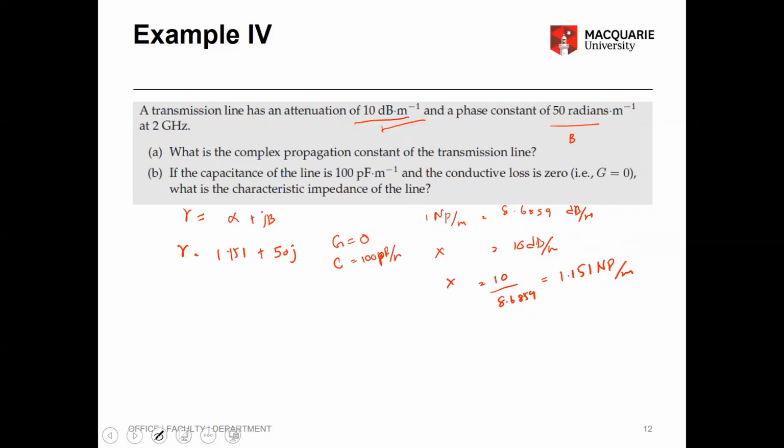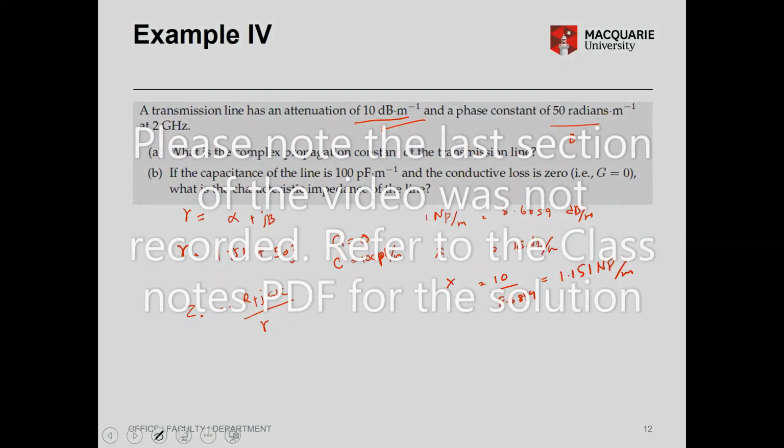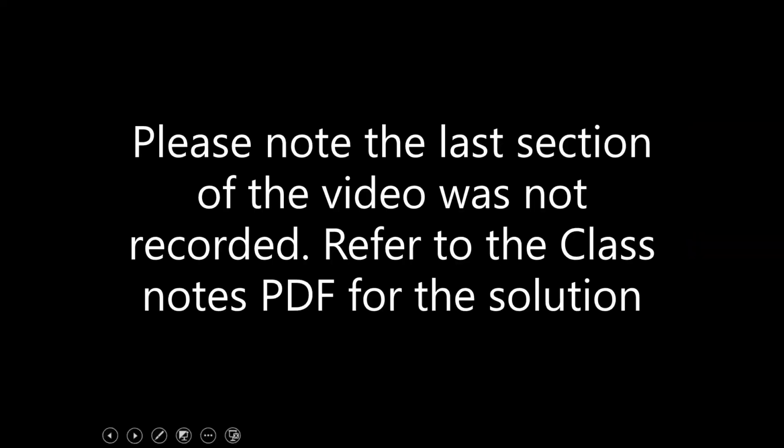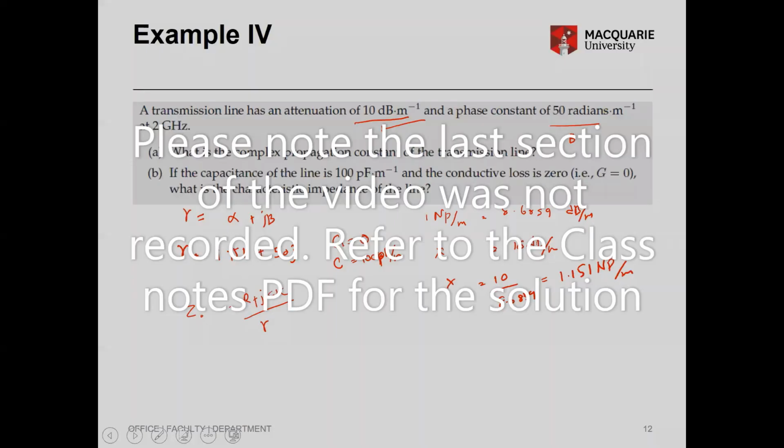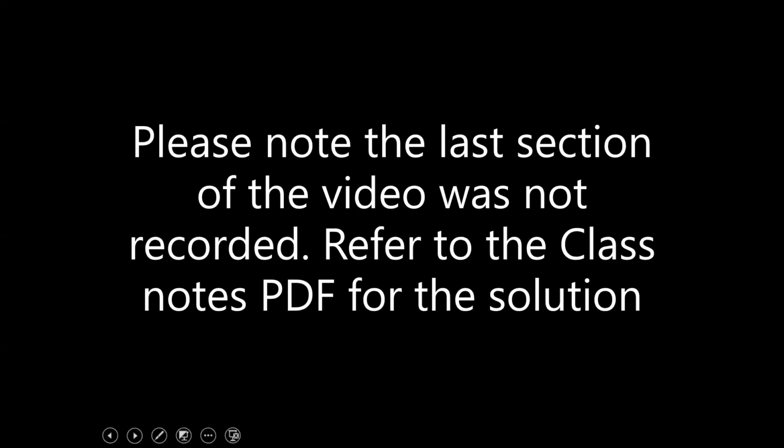So you know Z0 is the square root of (R plus j omega L) over (G plus j omega C), or (R plus j omega L) divided by gamma. Now in this case we don't know the resistance, but we can work this out in a different way.